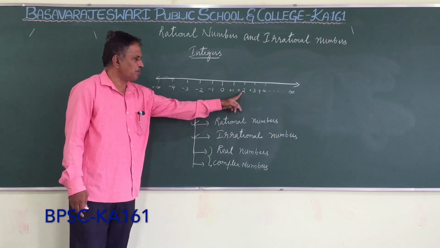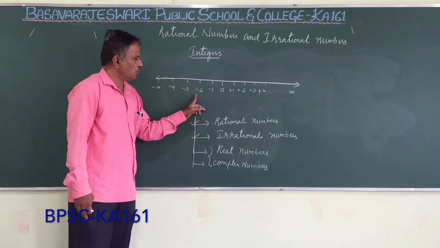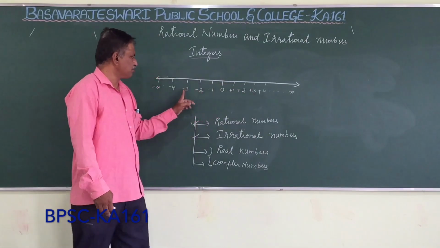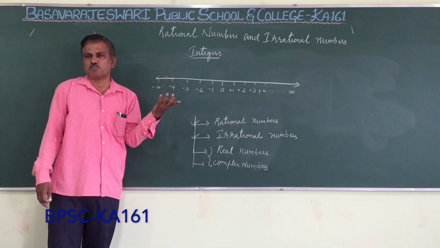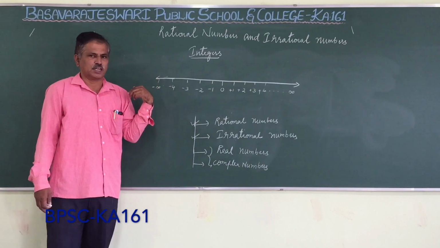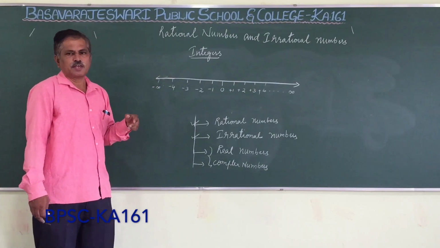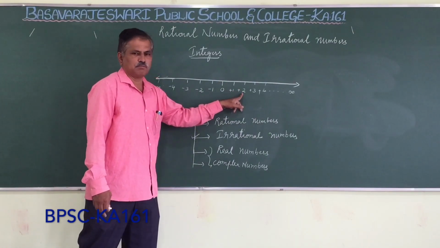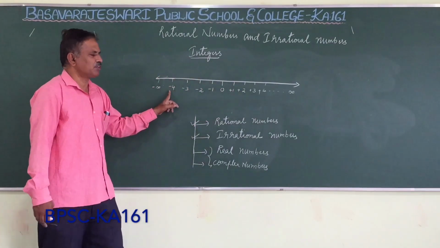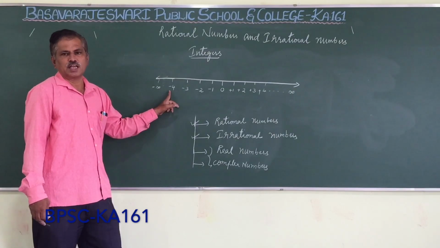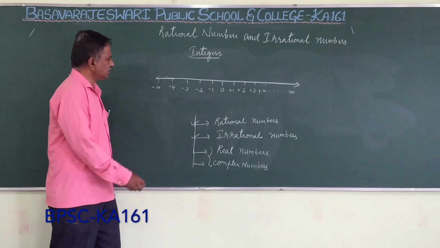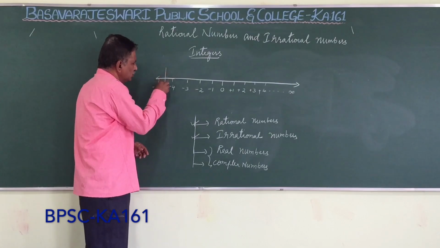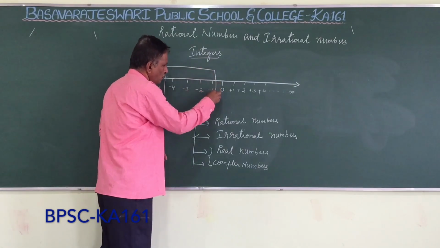So the mirror image of +2 is -2. Then the mirror image of +3 is -3. Similarly, the mirror image of +100 will be -100 only. Hence, integers can be defined as 0, all the counting numbers, and the mirror image of the counting numbers. And these integers are categorized into 2 types.